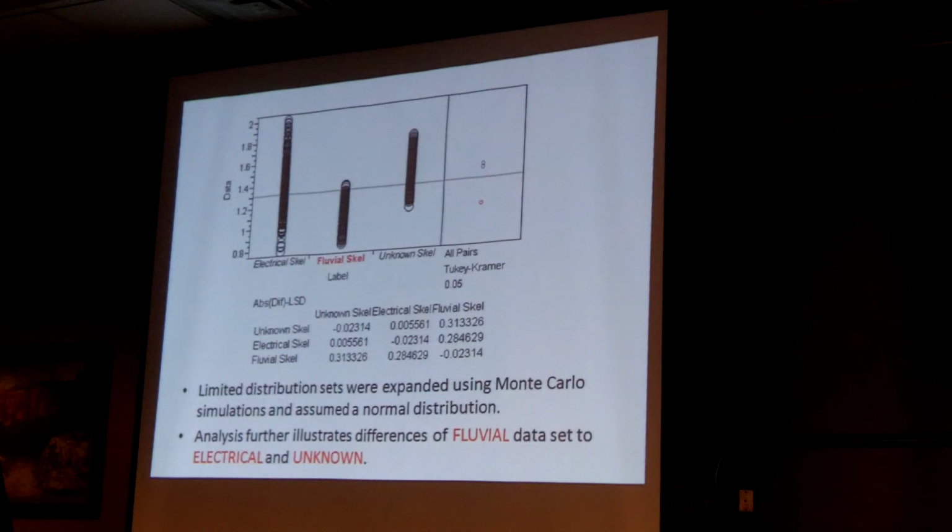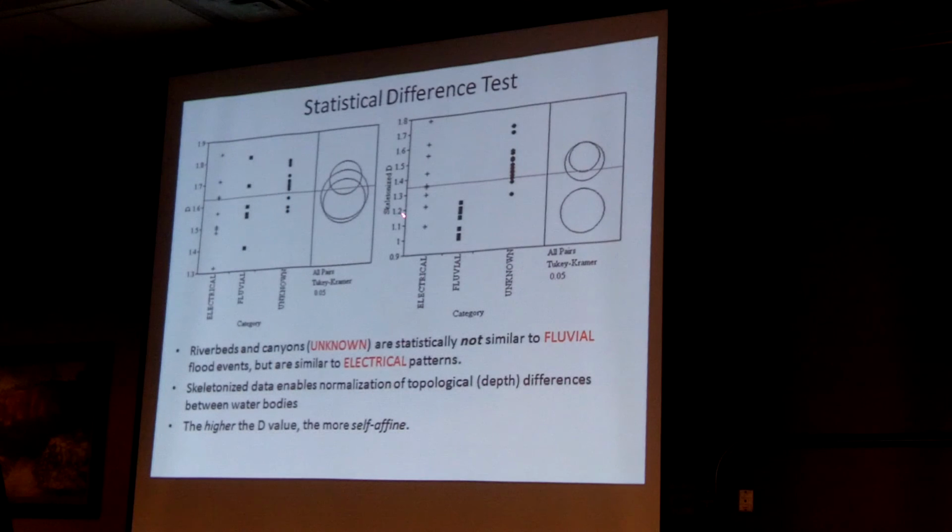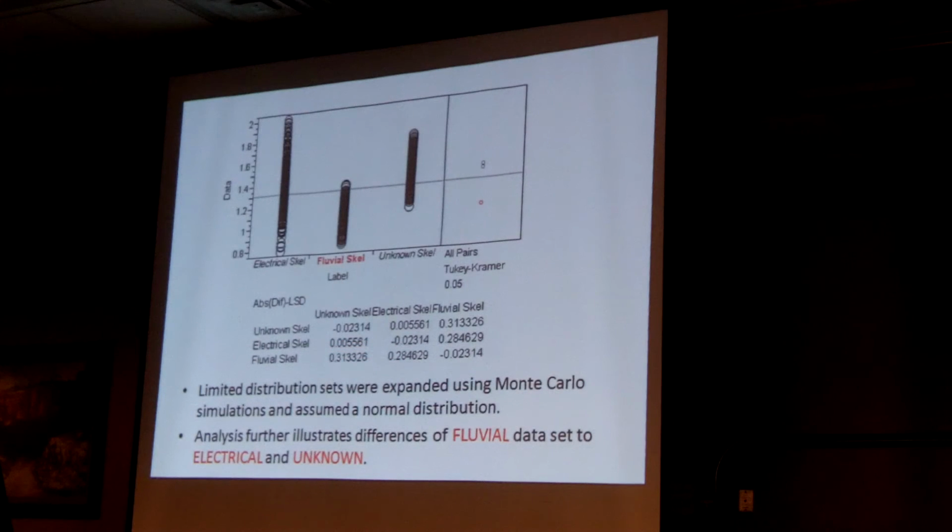So, some people will say that's not enough data. Okay, well, because I do this on my own as a hobby, rather than being a scientist, right? I basically took these and did a Monte Carlo simulation, which takes a pseudo population set of this and makes a normal distribution. I assume a normal distribution. And then what I can do is say, okay, with that normal distribution, let's look at the statistics again.